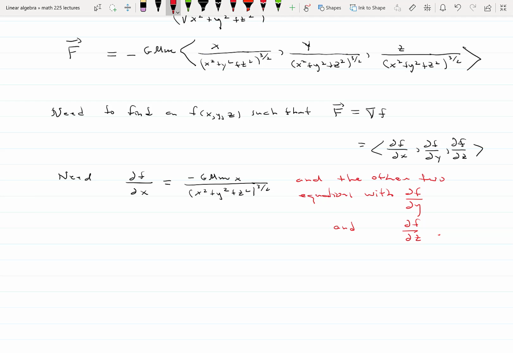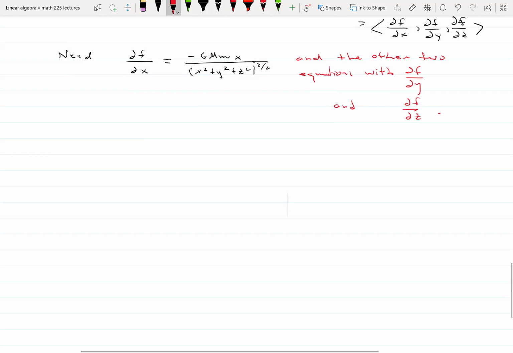Let's just concentrate on the first equation. Again, this is an abridged, modified version of a method we're going to be using very soon to construct a potential function.